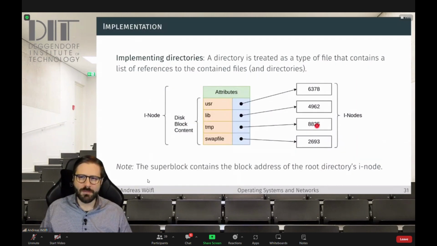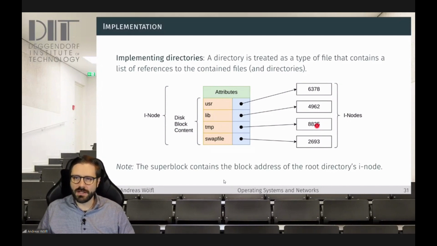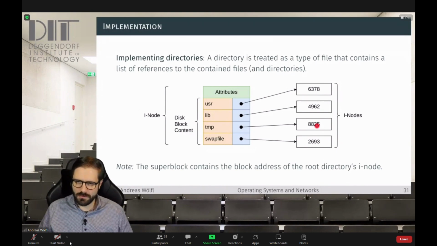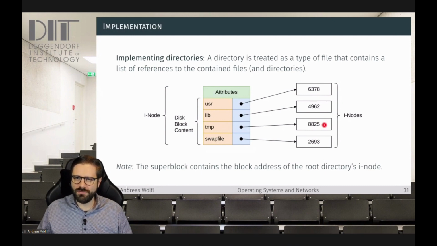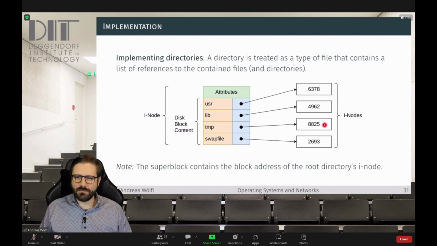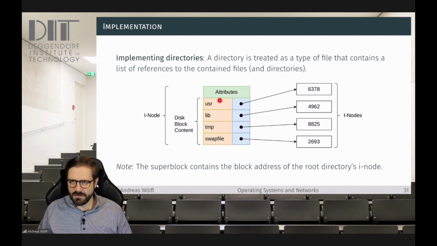Interesting are also how we implement directories, because technically a directory is a file. And if a directory is a file, a directory is also implemented using an inode. So every directory is indexed using an inode, and instead of having the contents of a file in the list of disk blocks, what an inode of a directory contains is the list of directories and subdirectories, and also files that are included.